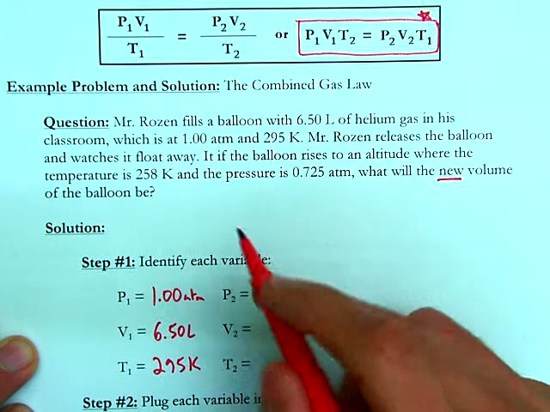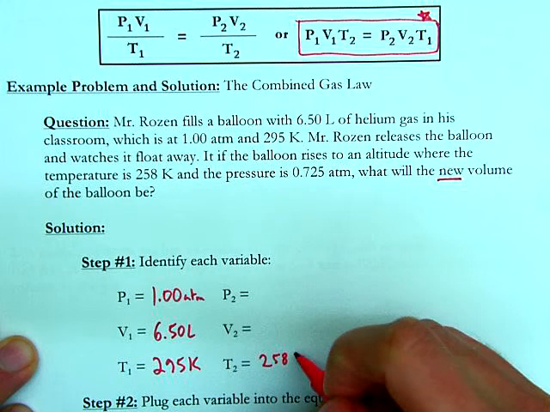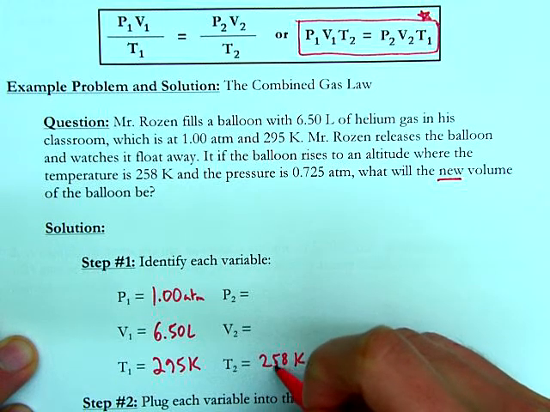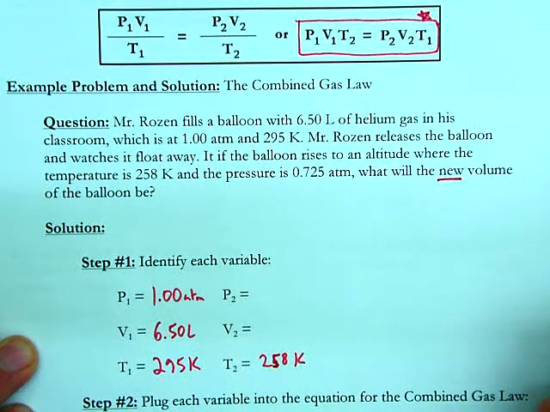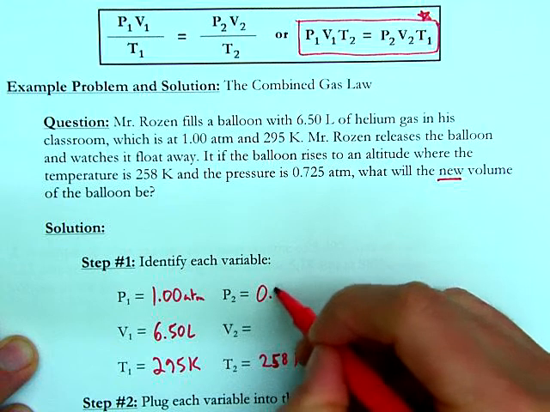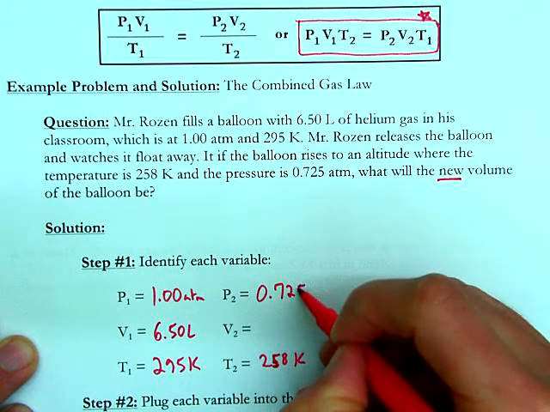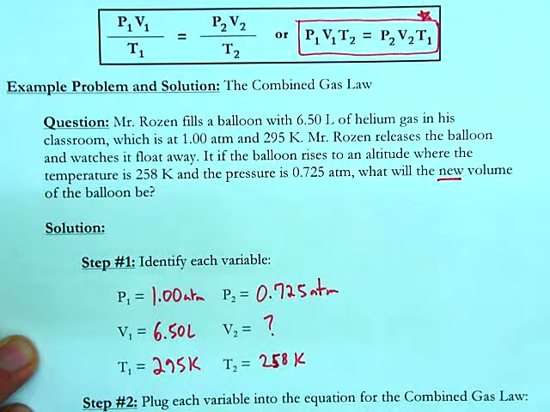The balloon rises and the new temperature is 258 Kelvin, and the new pressure is 0.725 atm. What will be the new volume? That's the unknown. We don't know what the new volume will be.